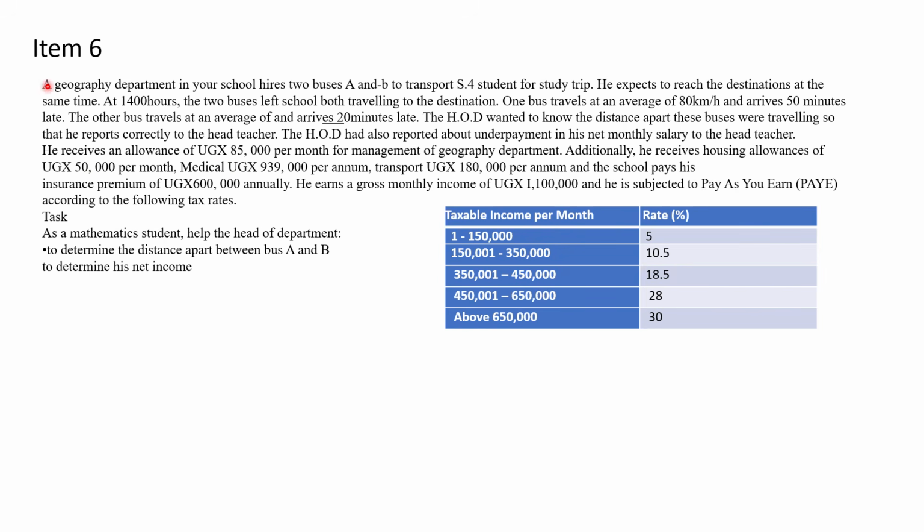Now here we have 2 paragraphs. We have one asking, for which we can borrow knowledge of timetables. Then here we use speed, distance, and time. Here you can also use the concept of travel graphs from the senior 2 course.